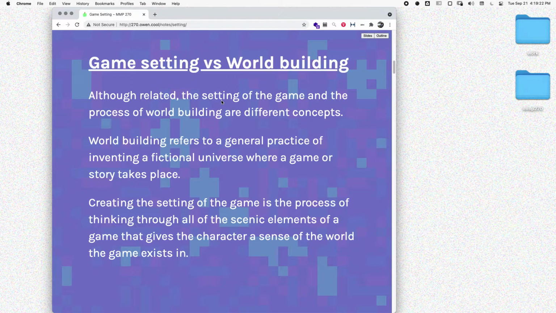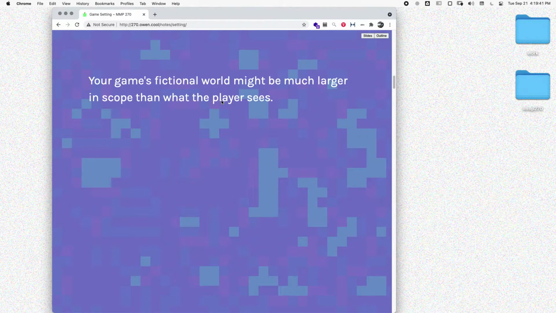We can't add everything that you would need to actually recreate space, right? That would take forever. So what we need to do is think, what are the essential elements through which we want to communicate the fictional world of our game in the scene? The fictional world is going to be much larger in scope.